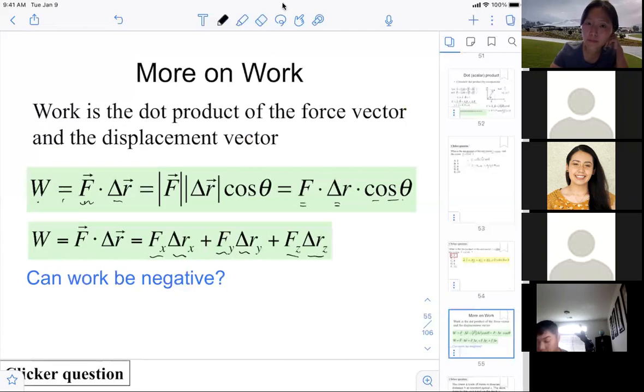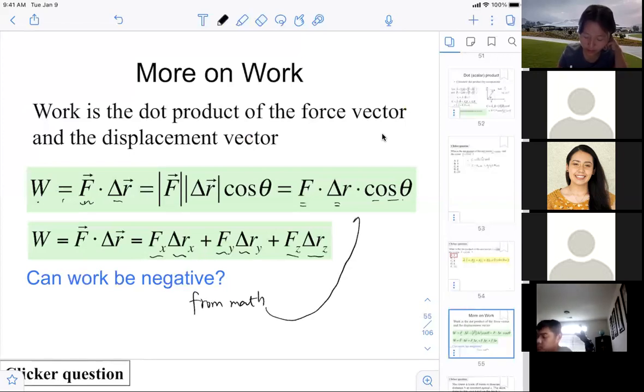Yeah, if the angle is more than 90 degrees and less than 270 degrees, the cosine, and our scalar returned, would be negative, because the F and change in r are going to be positive because of the absolute values and the magnitude. Excellent.